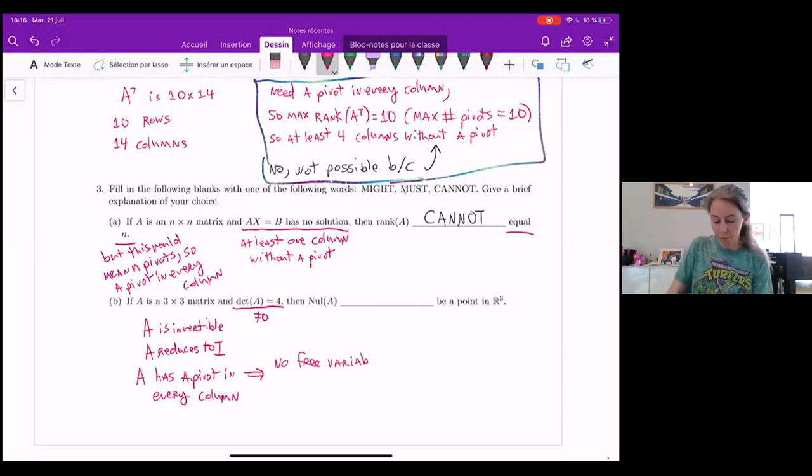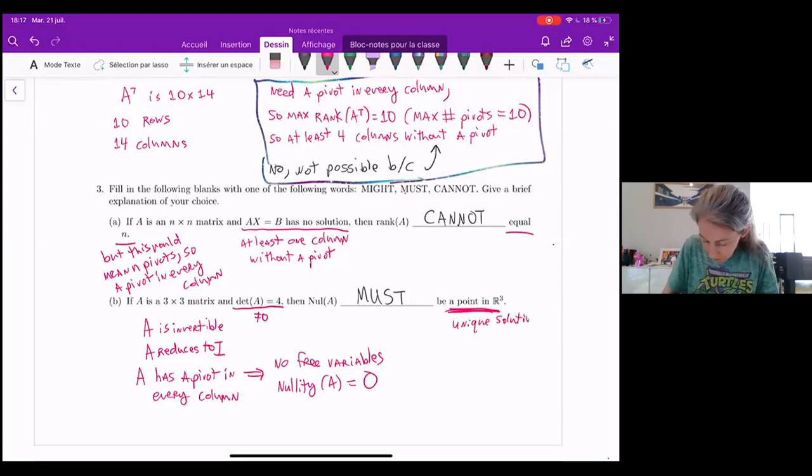And if there are no free variables, that means the nullity of A is equal to 0, which means that the null space actually must be a point in R3, because a point is what happens when we have no free variables, when we have a unique solution, or when we have a nullity of 0.